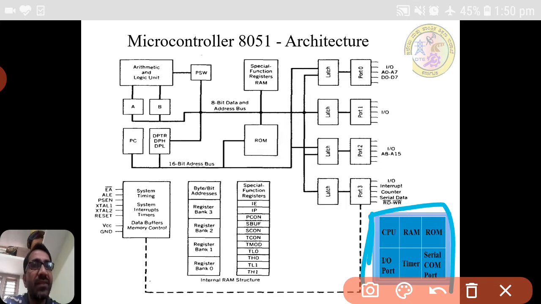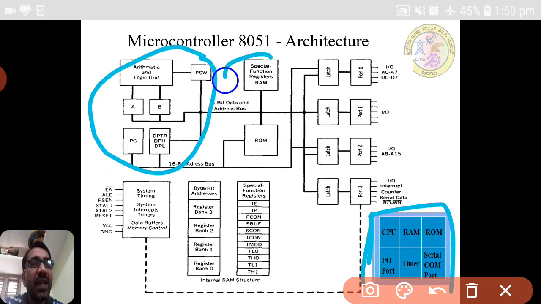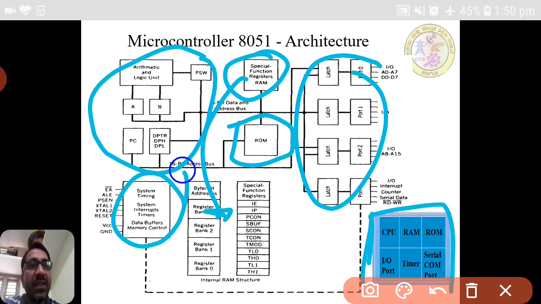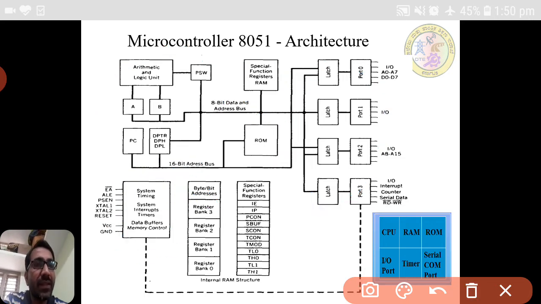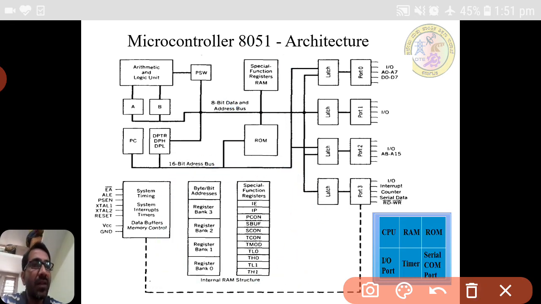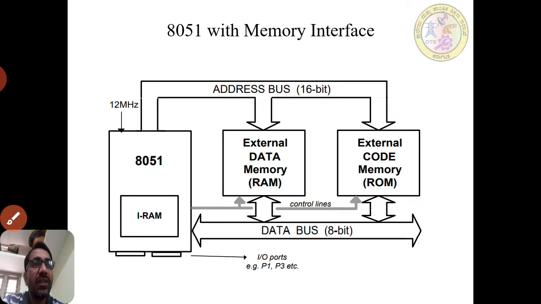This we call the CPU, and this is RAM, ROM, I/O port, and this is the internal architecture of RAM, and this is the control circuit. So we have seen all these things in brief. Now we will concentrate today only on the structure of RAM. So now let us move on to the memory.